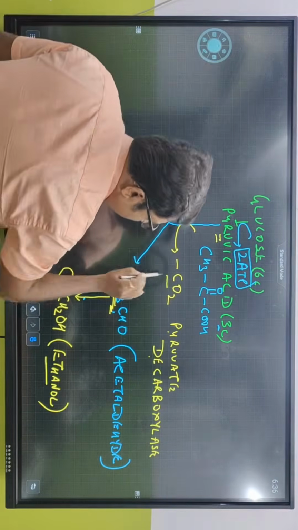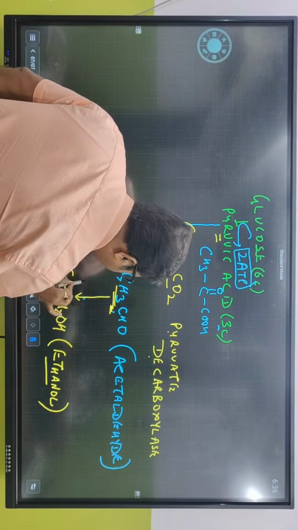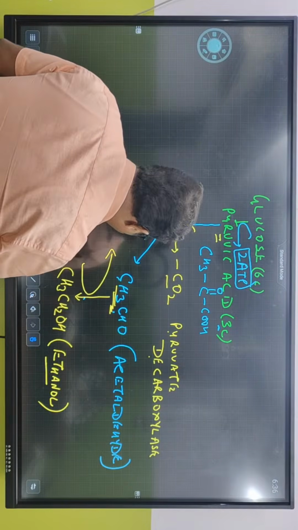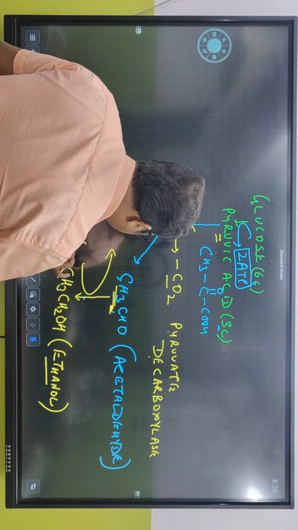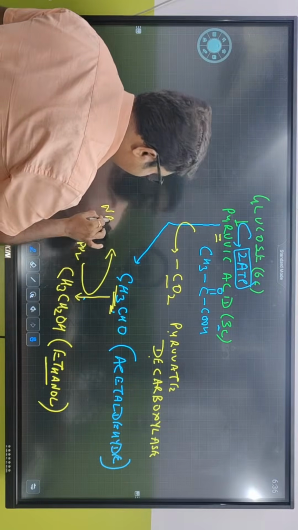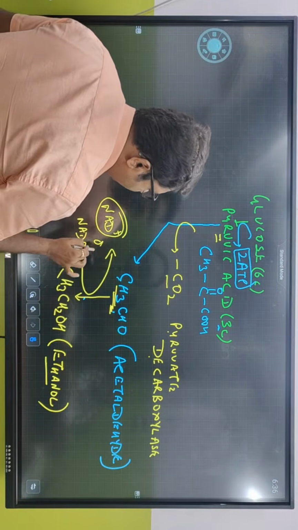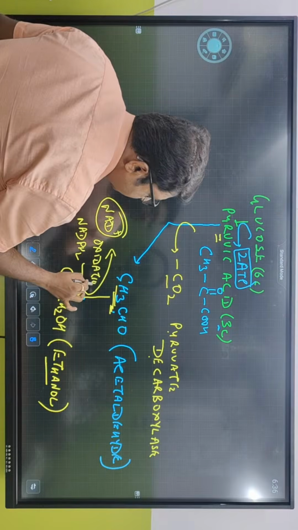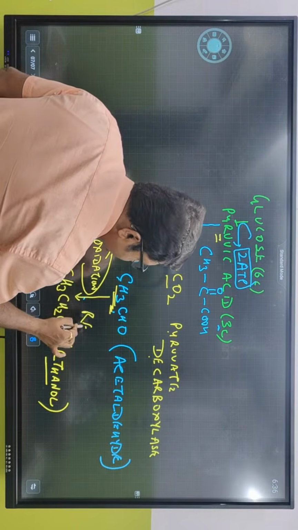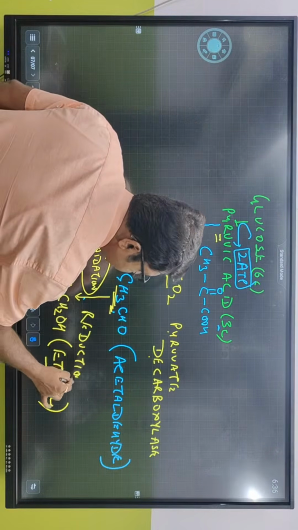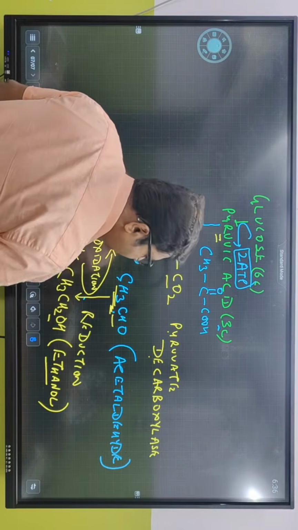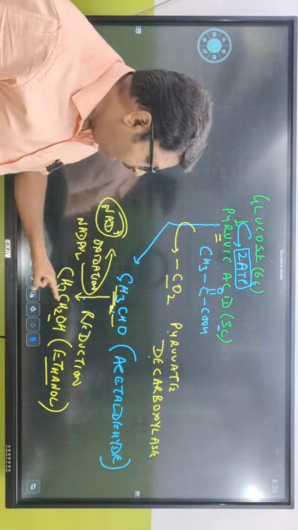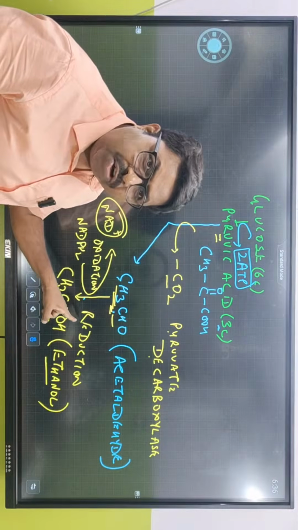So decarboxylation occurs over here. So what is going to happen over here? In this step, one of the NADH2 is going to form into NAD+. So what has happened over here? Oxidation. And what is this reaction? This reaction is called reduction from acetaldehyde to ethanol. Hydrogen being added is called reduction.